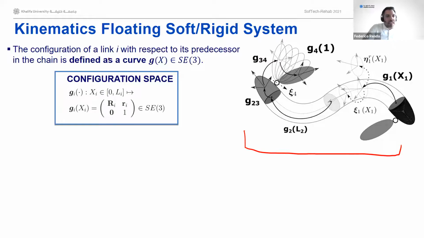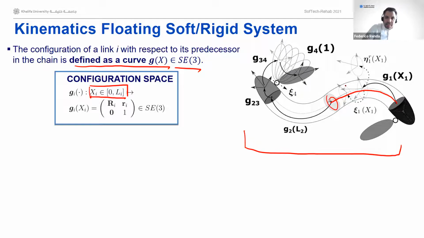So once again, the configuration of each of these bodies with respect to the predecessor is defined as a curve, this time in the special Euclidean group. The curve is parameterized by a curvilinear abscissa x that goes from 0 to L, where L is the length of your soft link.